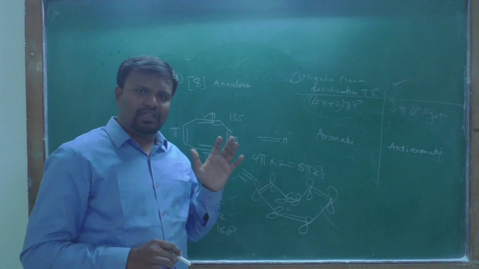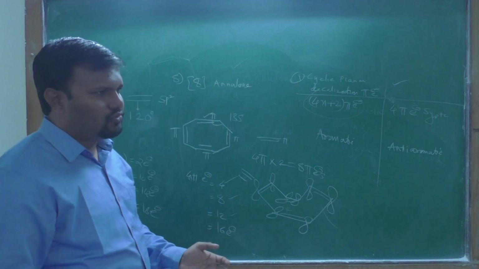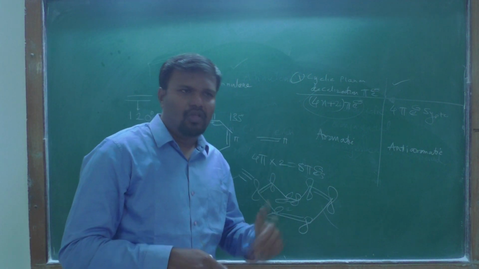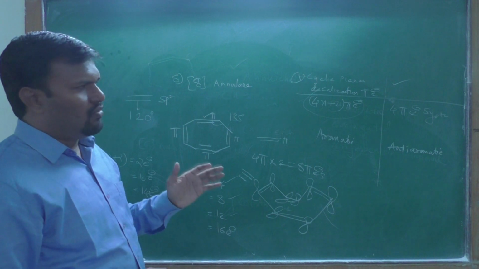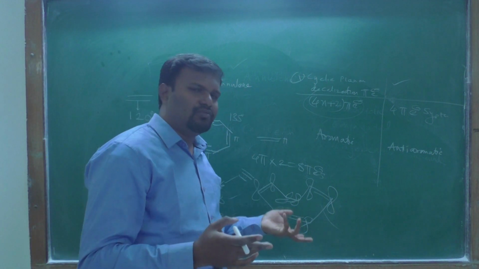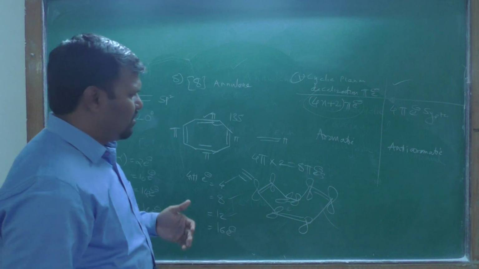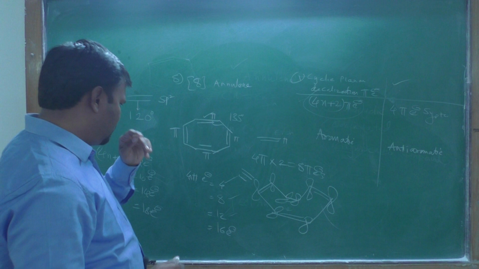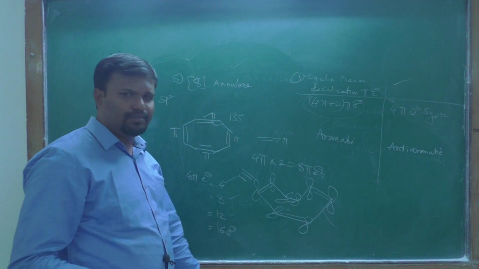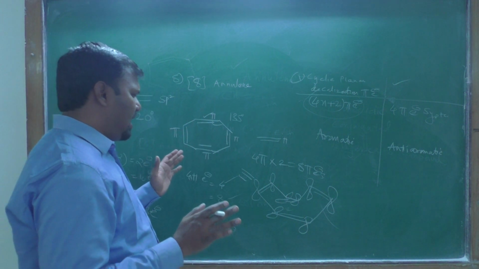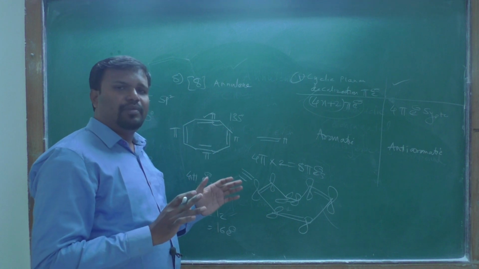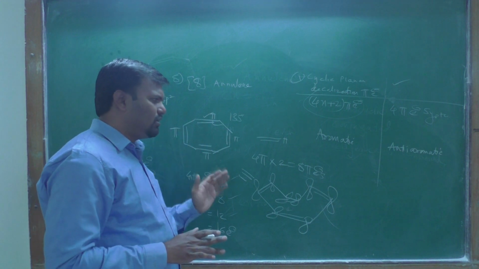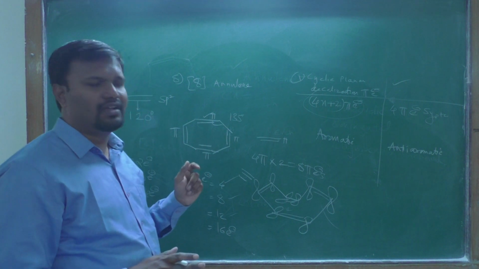Then we see whether the molecule obeys the 4n pi electrons or 4n plus 2 pi electrons, that is, the Huckel rule. Here, this compound is not anti-aromatic because of the lack of planarity, so it comes under non-aromatic compounds.